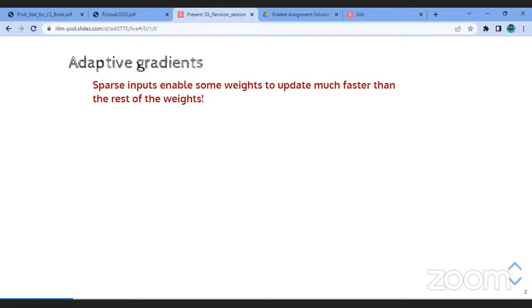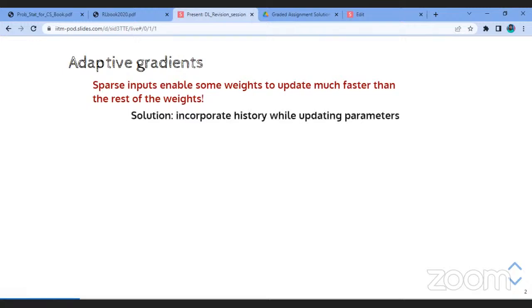It follows a particular direction where the gradients get updated for some parameters. For other parameters, it won't get updated at all, or it gets minimal updates. That's the problem, and we try to fix it using an approach called adaptive gradients.